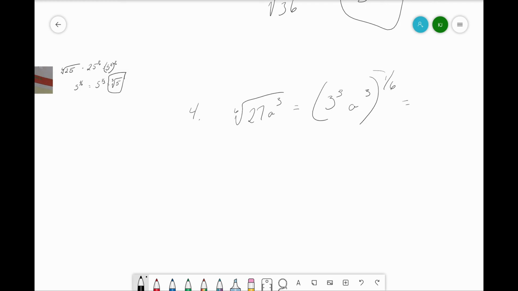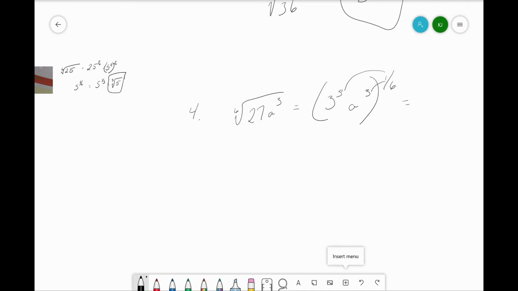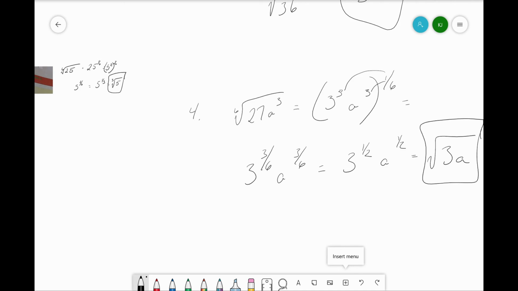And then when we multiply these numbers together, we end up with 3 to the power of 3 over 6, and a to the power of 3 over 6, which can be reduced down to 3 to the power of 1/2, and a to the power of 1/2. So when we write that out back in its radical form, it's the square root of 3a.